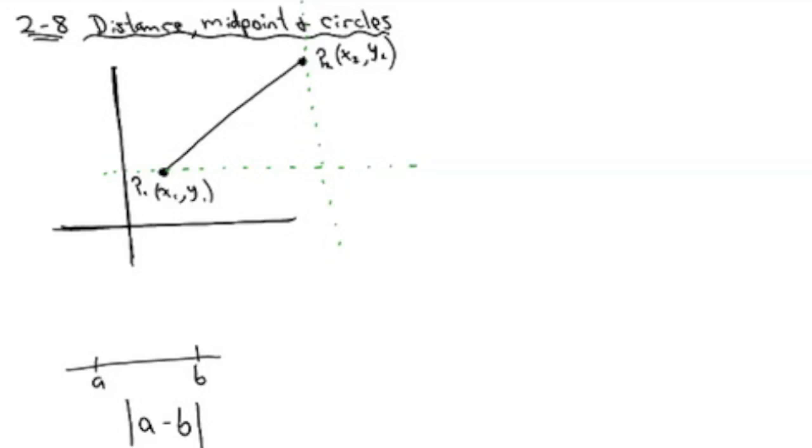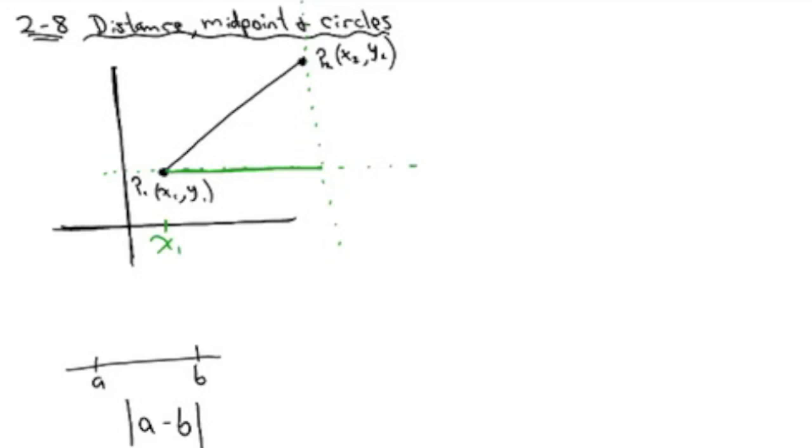How far is it along the base of this triangle? What's the distance on that side? What's A? What's B? If you're over here underneath this point, what's A? X1.